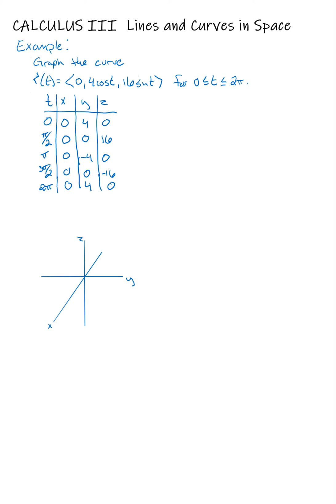All right, so there are the ordered triplets, which we can plot here. I'm going to go ahead and go by single values along the y-axis. Notice all the x values are 0, so I don't need to worry about going anywhere on that. Since the y-axis has to be the same calibration all the way across, I'm just going to label the positive side. Now the z's, just to make it a little easier, I think I'm going to go by 2's.